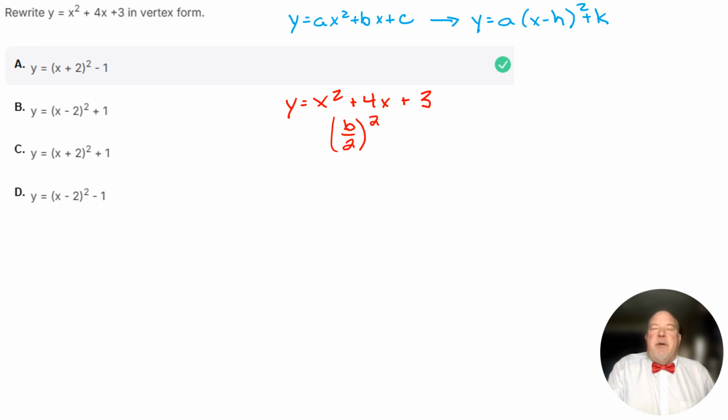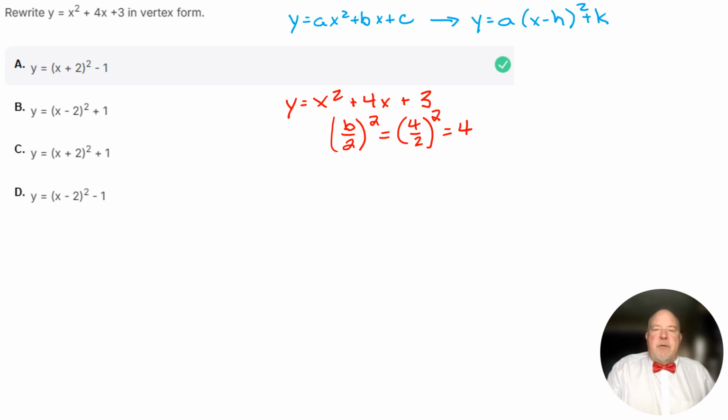My b value here is the 4. The b is the coefficient of x. So that would be (4 over 2) squared. 4 divided by 2 is 2. Square that and you get 4. So the number 4 will complete the square.